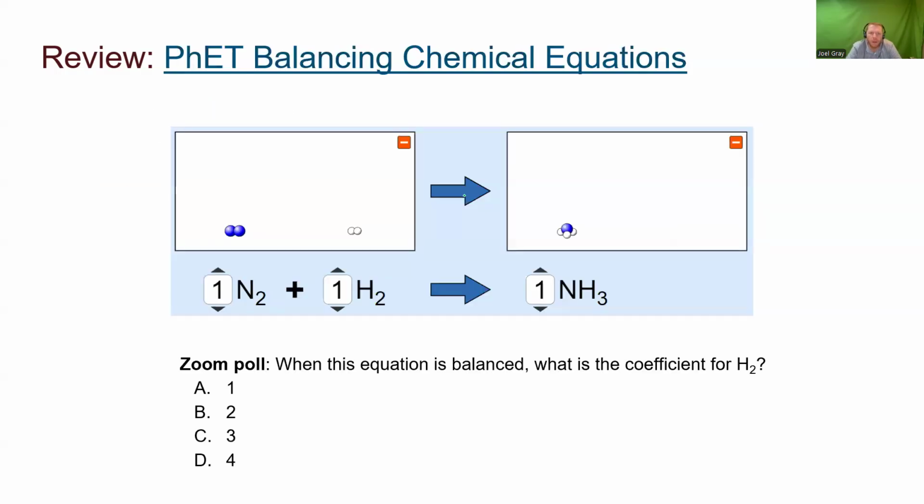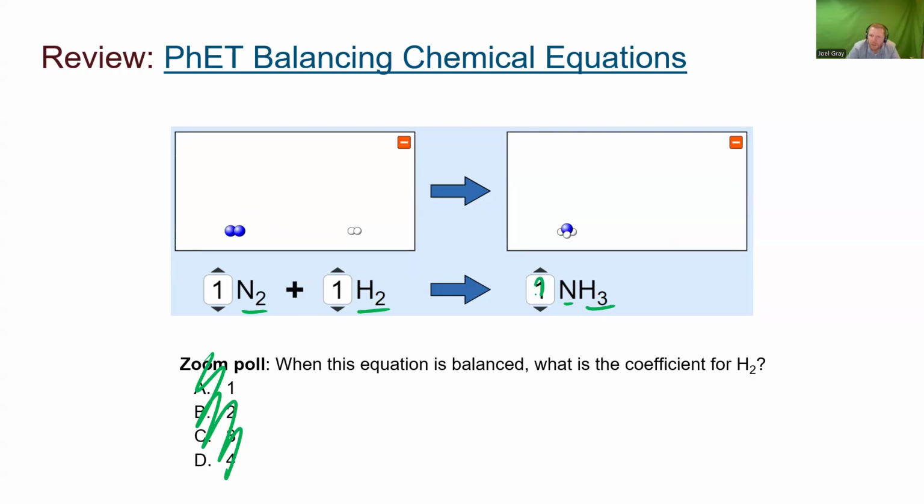Now, when we see something like this, let's see. We've got this and this making this thing right here. When the coefficients are just ones, this is not balanced because there's 2 nitrogens and 2 hydrogens on one side, and now 1 nitrogen and 3 hydrogens.